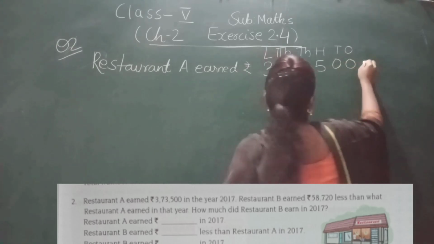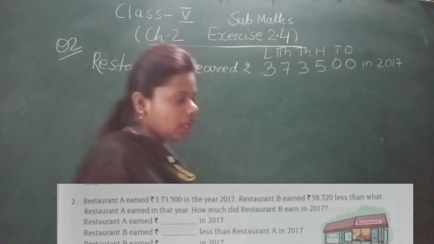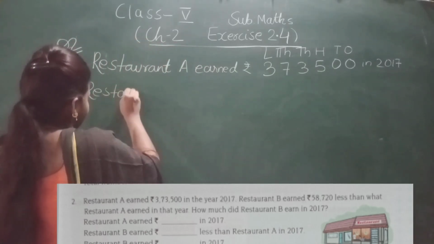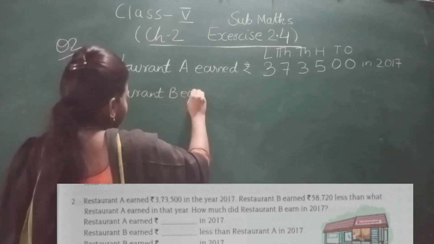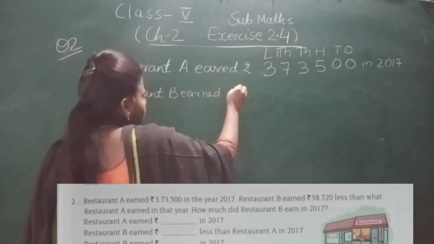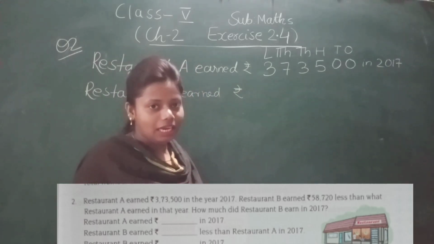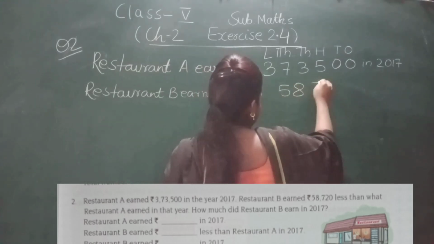3,73,500 in which year? In 2017. Okay. Now restaurant B earned rupees. See how much less he has earned? 58,700.